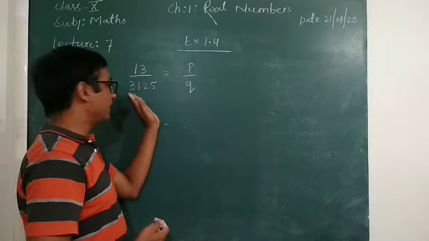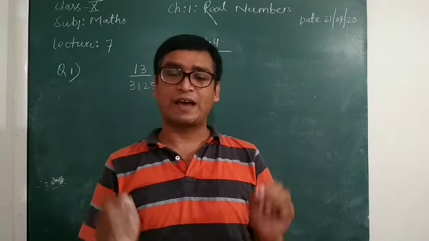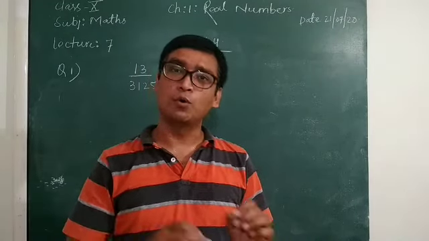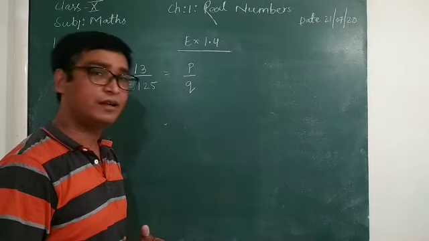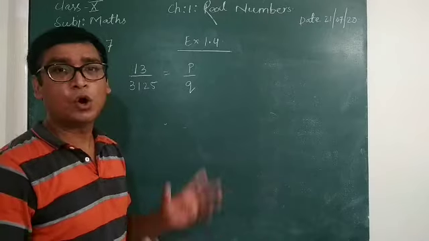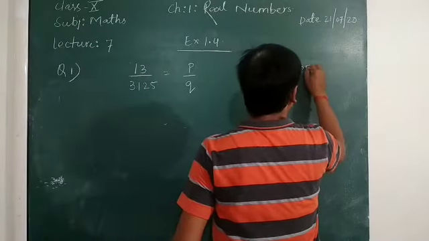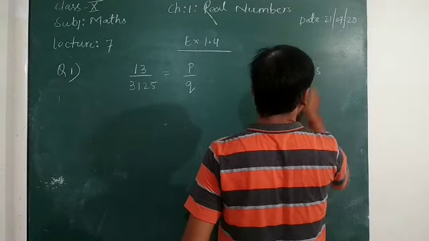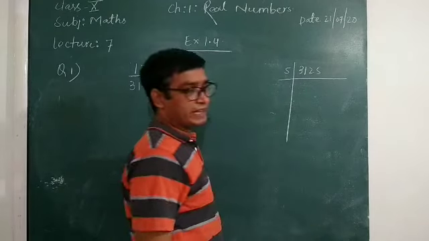The factorization should come in the form of 2 raised to power n, or 5 raised to power n, or both. So let's see 3125. It will be divisible by 5.